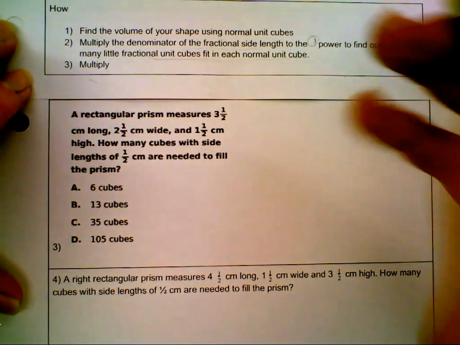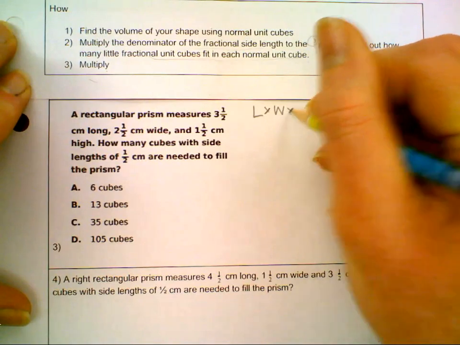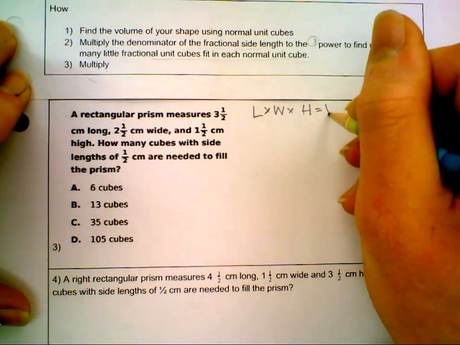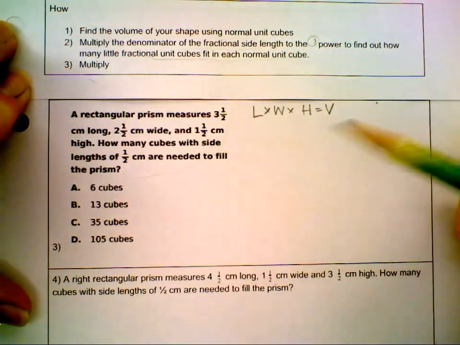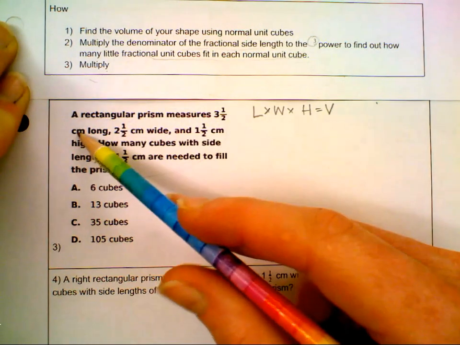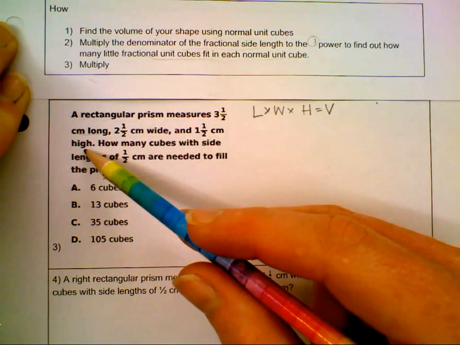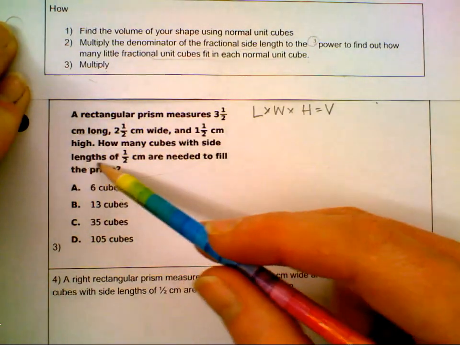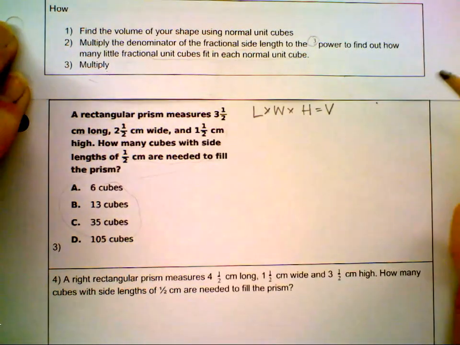It's important to remember that volume is length times width times height. So I need to find, in this problem, the length, width, and height. A rectangular prism measures 3.5 centimeters long, 2.5 centimeters wide, and 1.5 centimeters high. How many cubes with side lengths of 0.5 centimeters are needed to fill the prism? We're given multiple choice options here.